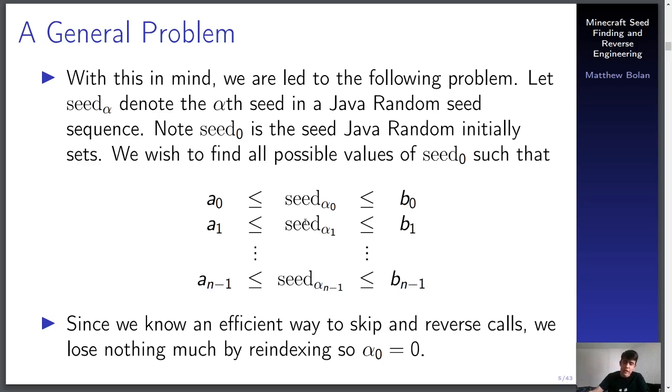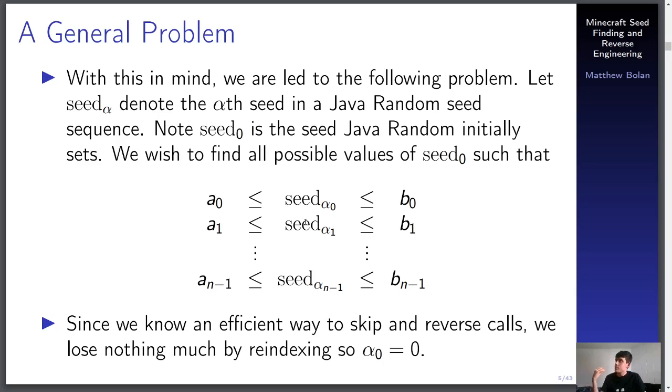And it's going to be really, really convenient for us, if you recall our formula to jump forward and back n calls, it's going to be very convenient for the purpose of this presentation if you allow me to assume that alpha sub 0 is always 0. That is to say, the very first set of inequalities that we care about satisfying, we care about on the very first seed in our sequence.